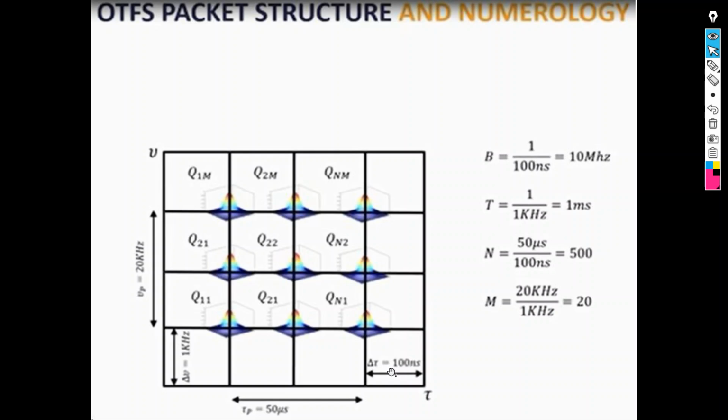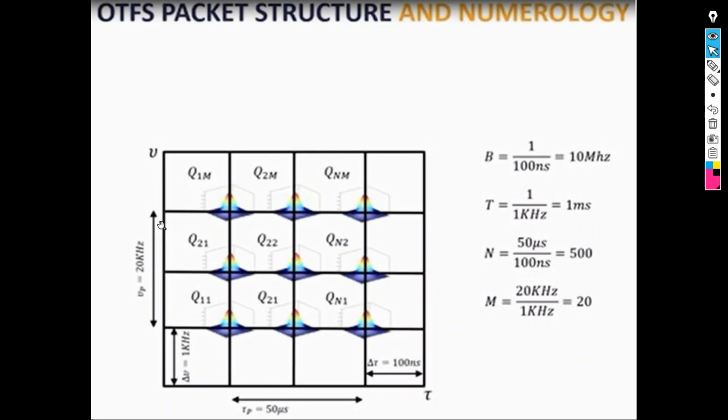yes, in the bandwidth, you basically have 50 microseconds, the total duration, over how much? You can place one QAM symbol each 100 nanosecond. So you divide 50 microseconds over 100 nanosecond, and you get how many symbols you can transmit within this duration.